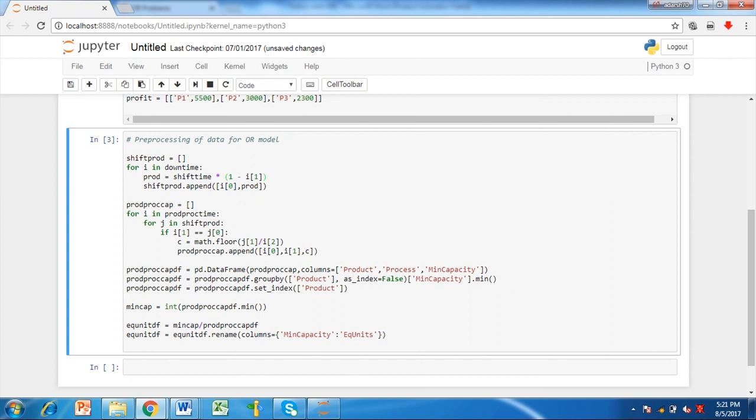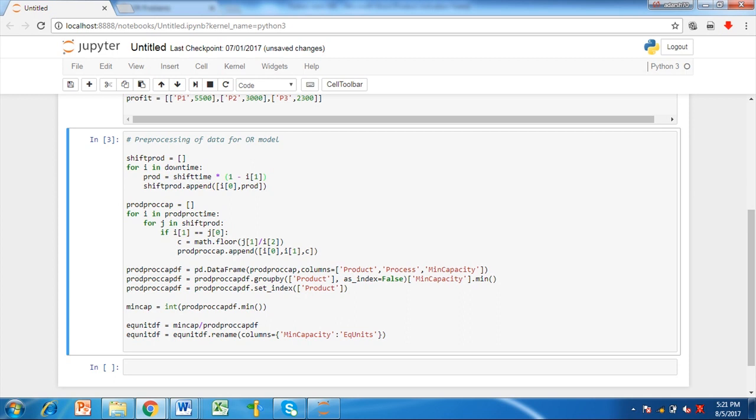The first step is the time available in a shift, which is calculated by deducting downtime proportion from the total available time of 480 minutes for the 3 processes under shift prod list. Next, we calculate the capacity of each product for each process. This is done by first dividing the shift prod time value by the respective processing times and after that rounding it down.